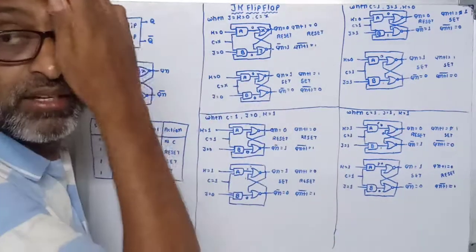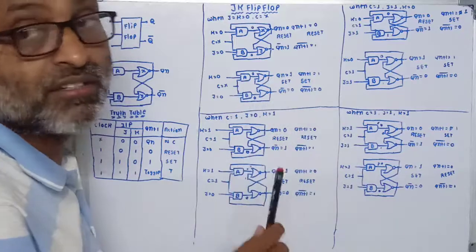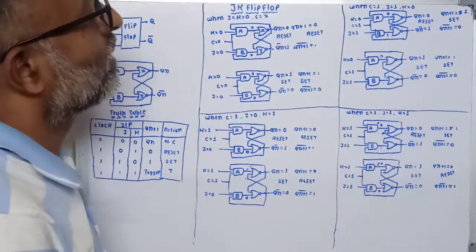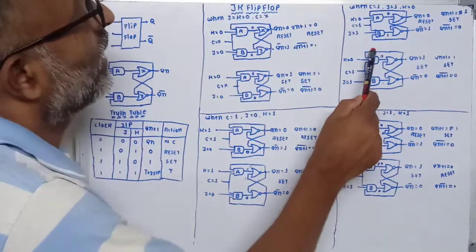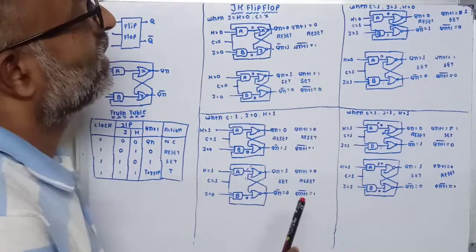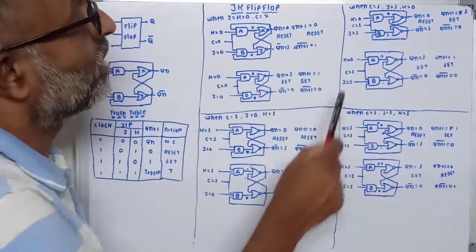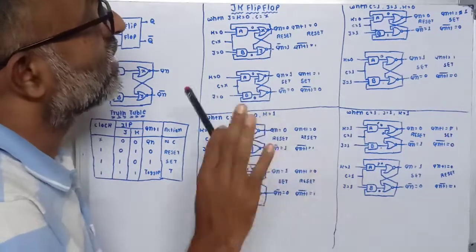Now initially we consider that our flip-flop is in set condition. That means Qn is equal to 1 and Qn bar is equal to 0. When we apply K is equal to 0 and J is equal to 1, the AND gate A is disabled and its output is 0 because the one input K is 0. That's why its output becomes 0.